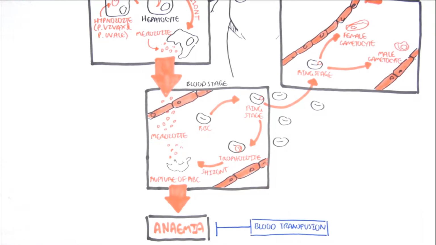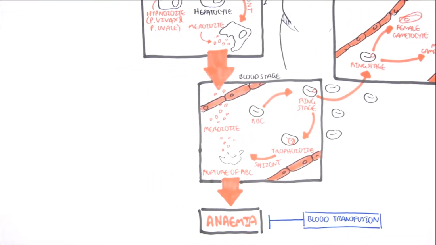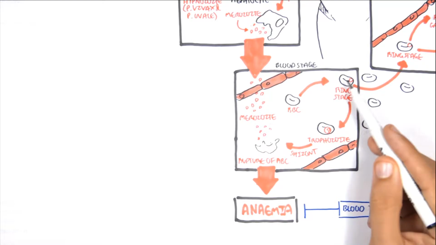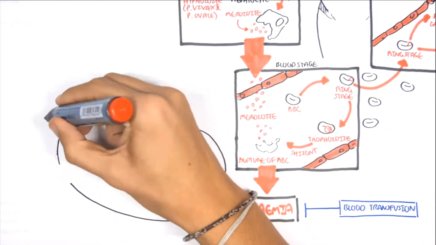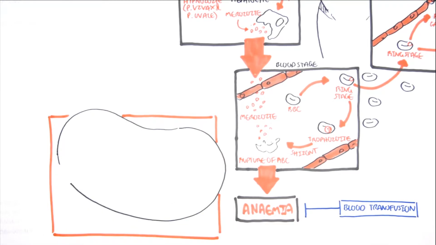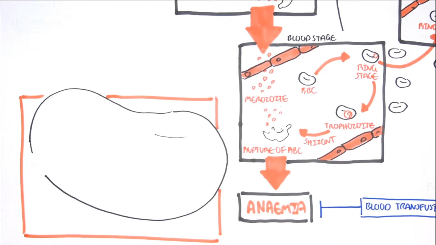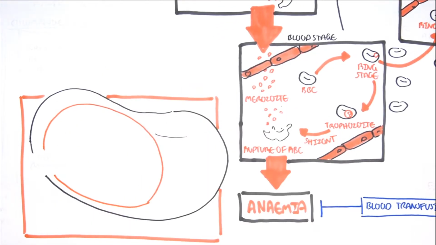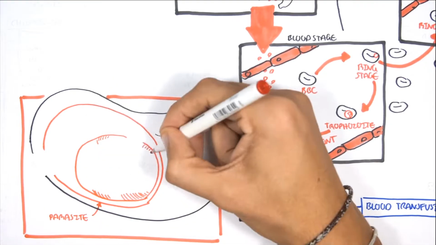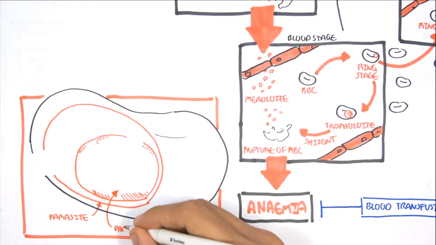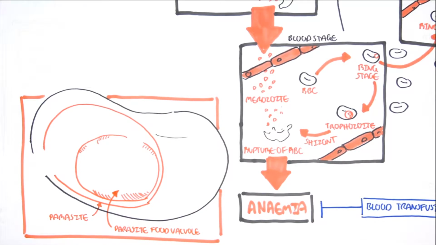Now let us look at the big drug class known as quinolines. To understand quinolines, we have to understand how the Plasmodium parasite survives in red blood cells. So here's a red blood cell, and here is the parasite. The parasite has what's called a vacuole, which is important for nutrition and metabolism.